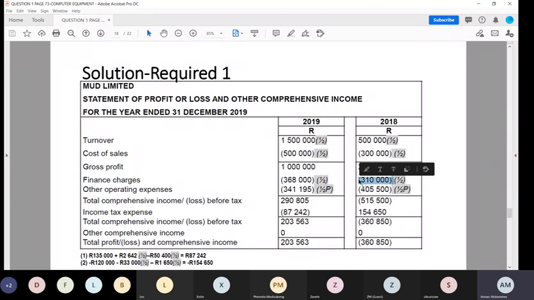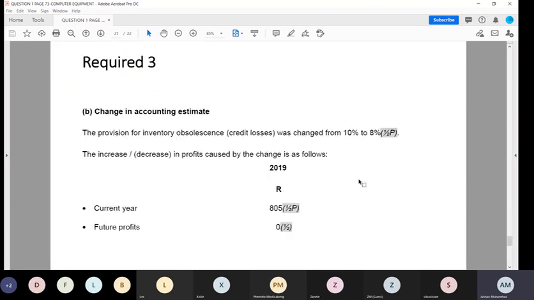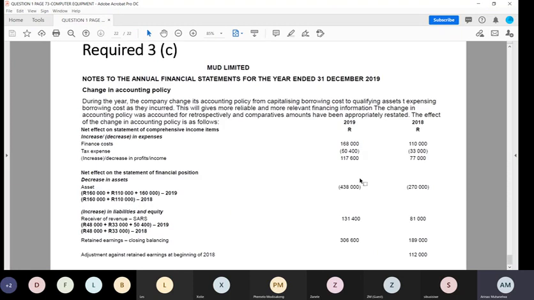But more importantly, I want to spend time here on the note. Normally, a note carries a lot of marks, but if you understand what you're doing, you can get all those marks. It is also very important that you indicate whether your assets are increasing or decreasing.